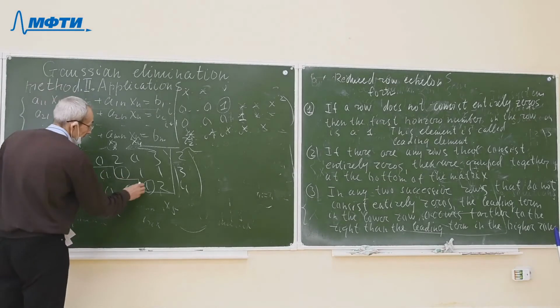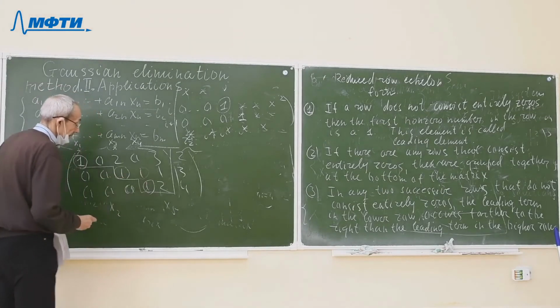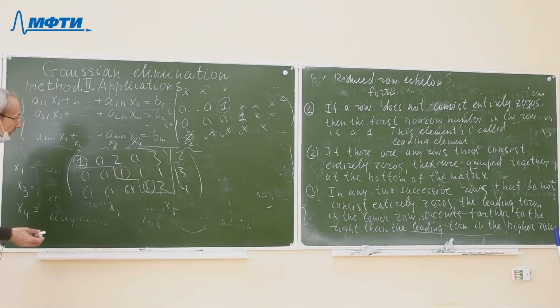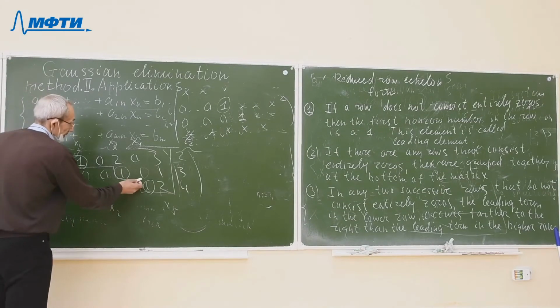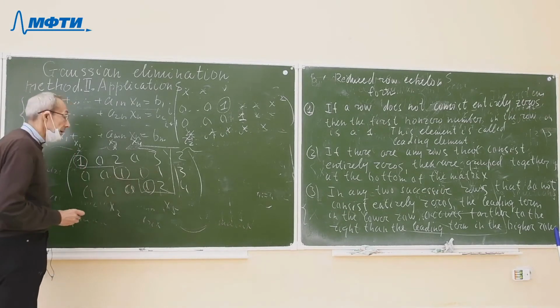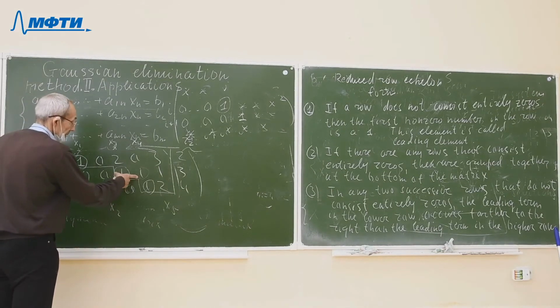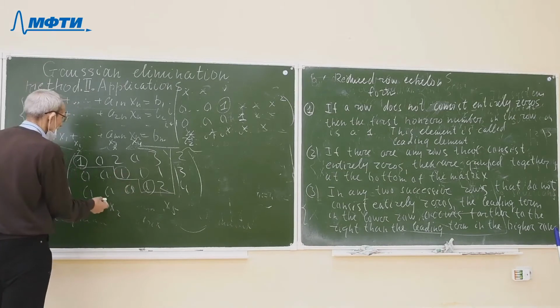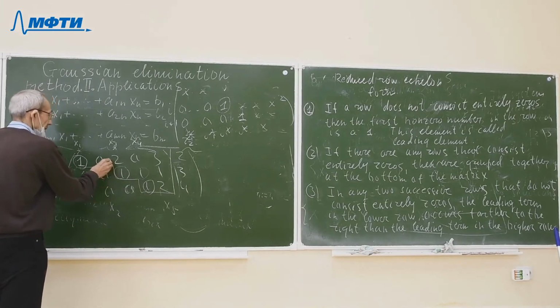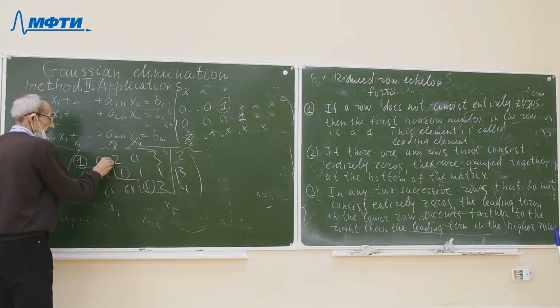How to obtain the 0 in this place? We can subtract the third row from the second row, and in this case we obtain the 0 in this place. How to obtain 0 in this place?